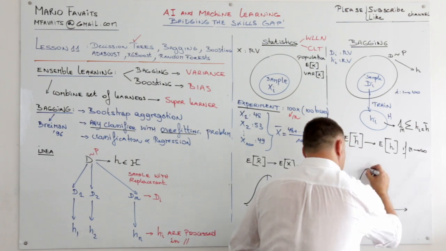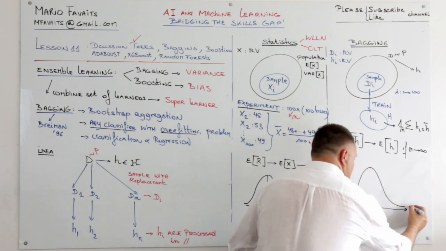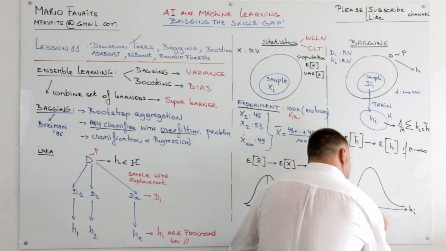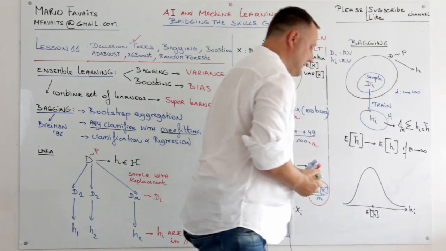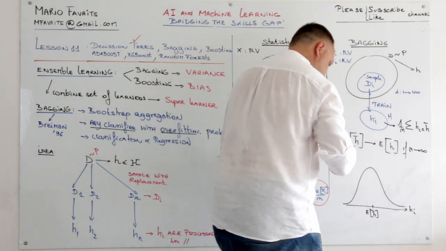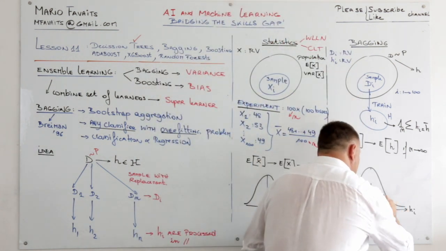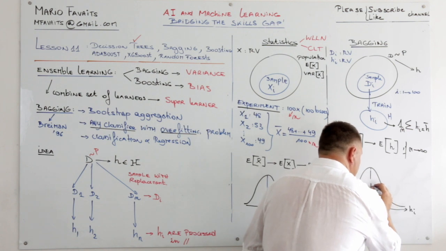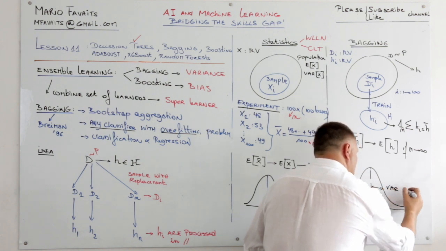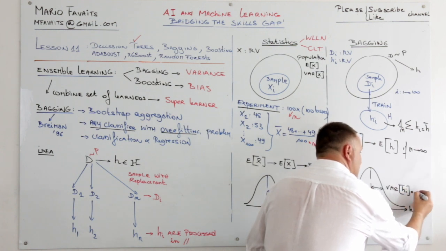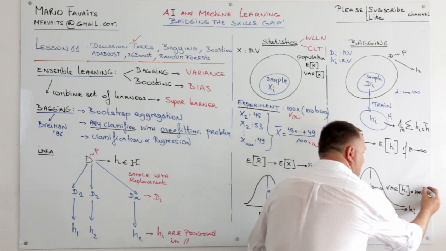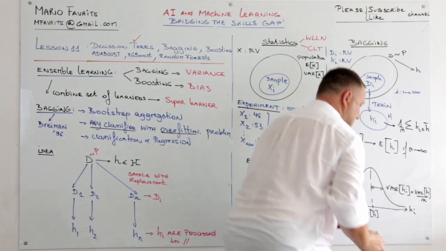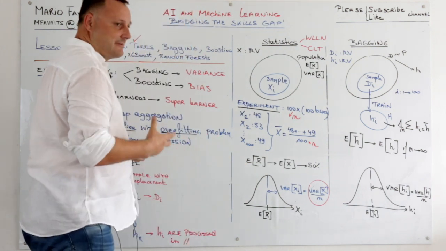So we have here our Gauss curve. This is going to be our HI. You have an expected value, which is called expected value H bar, and that expected value has a variance of the HI equals the variance of H divided by N. So it is exactly the same.